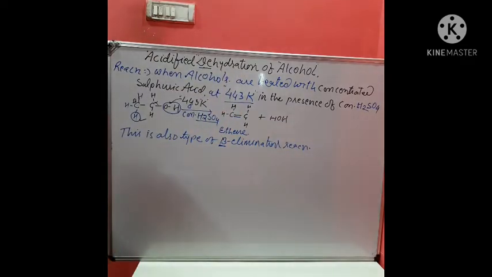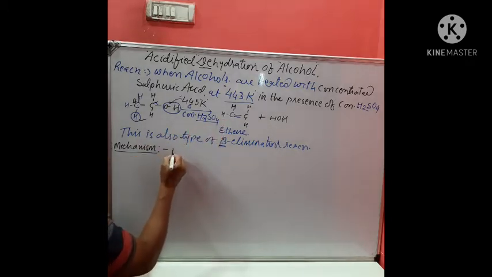To check it, we have to check the mechanism. Student, in the mechanism, it is very necessary to know which type of intermediate is getting formed. The reaction intermediate will decide the formation of the product here.